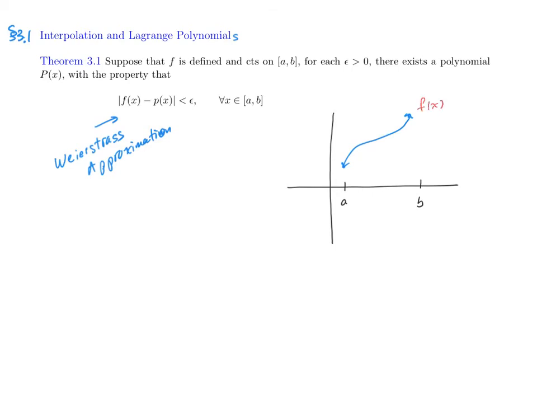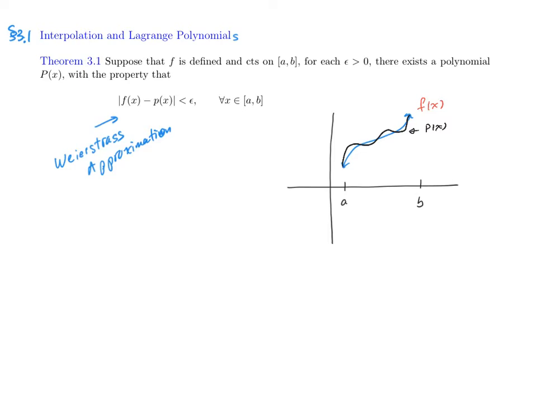So what it means is that as long as you are in the continuous interval, you can always find a polynomial that will be close to the function. So this will be p of x, and the distance should be close.